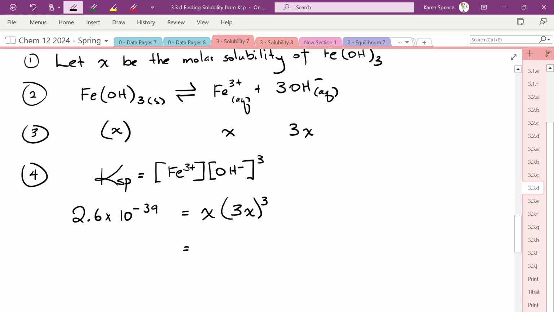And if any of you do like me, and if you cubed 3 and got 9, just remember 3 cubed is 27. It's my favorite mistake, to cube 3 and get 9. How many people are like me? Anybody? Excellent.